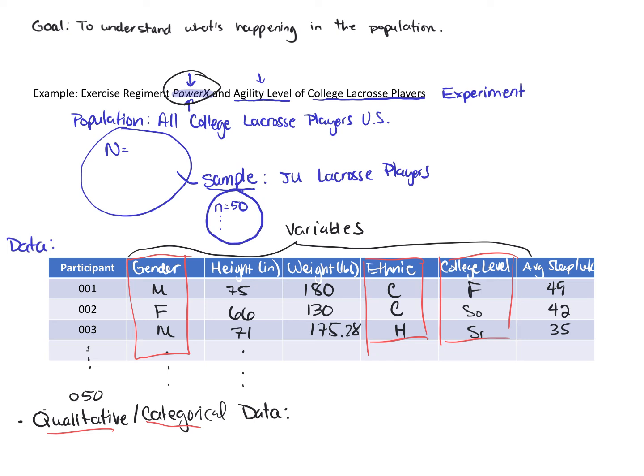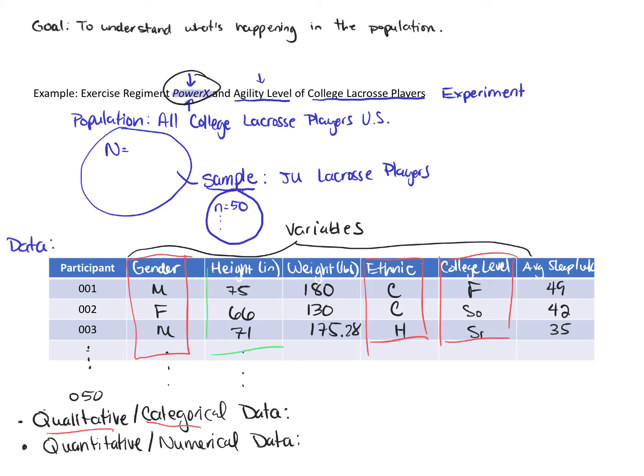Okay. The other type of data that you can collect is what's called quantitative. So quantitative. And quantitative is also sometimes called numerical data. All right. So I will highlight that in green.